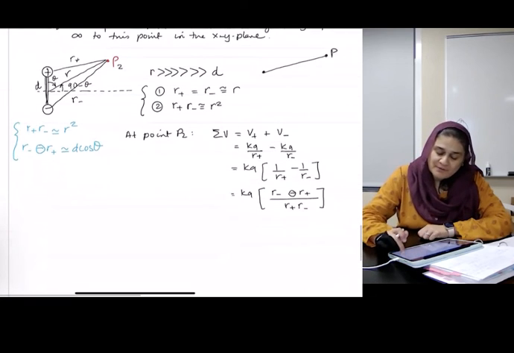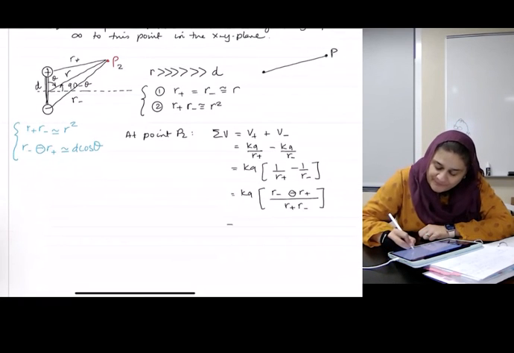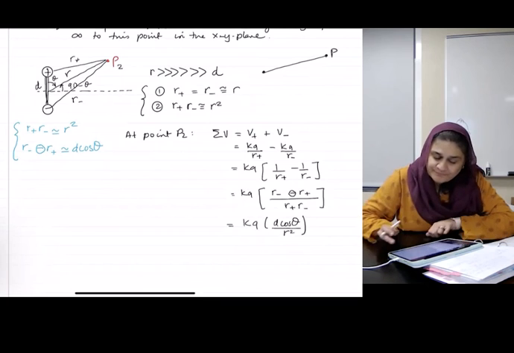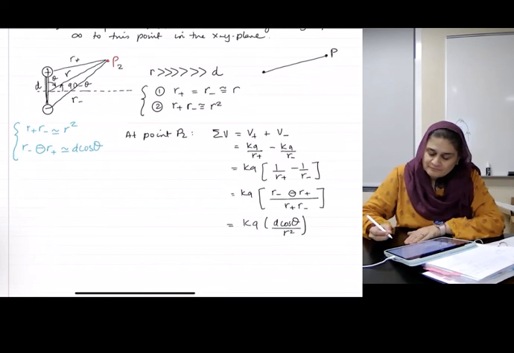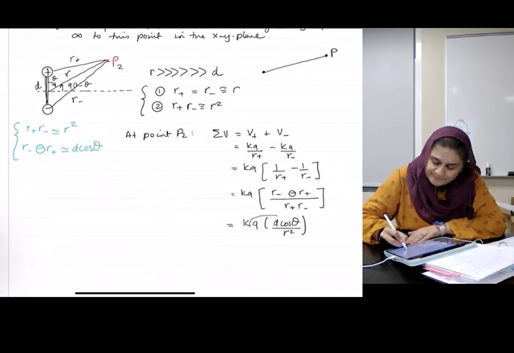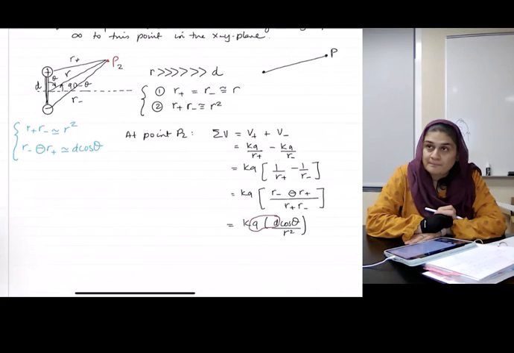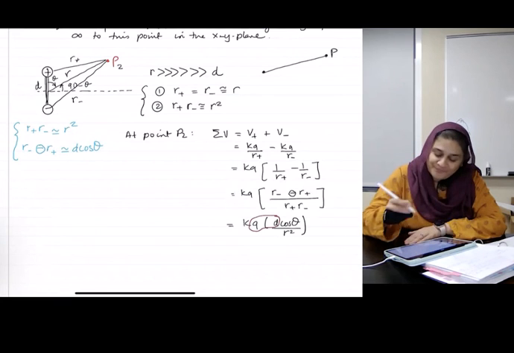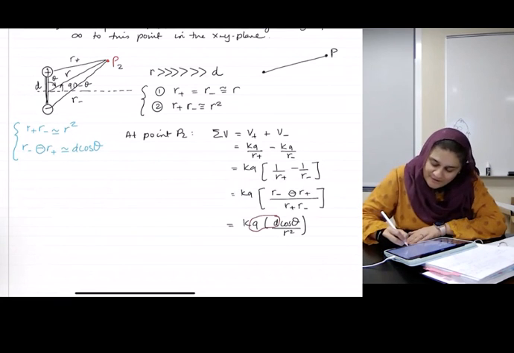Okay, so then I'm going to replace this as KQ D cosine theta divided by R squared. And what was this again? Anyone remember what that was? P. Very good.